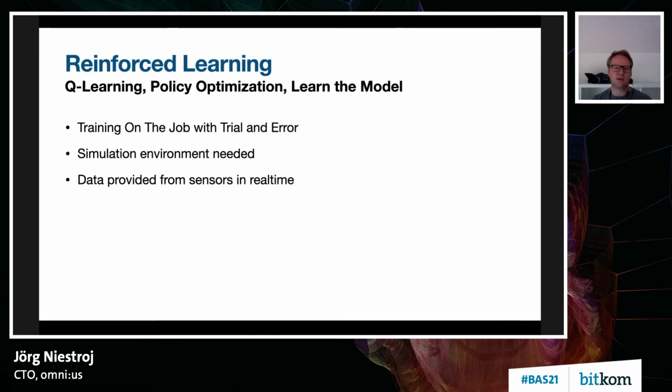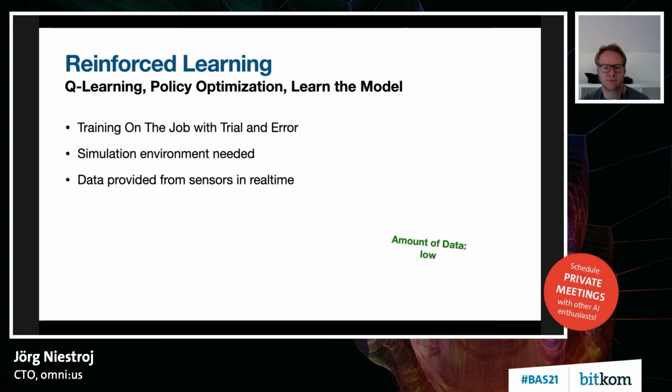So you need a simulation environment that provides some real-time data, and these can come from real sensors or also from simulated sensors or data sources, but it's more about real-time data that you need. So the upfront training data set is really low, and it's all about the environment.